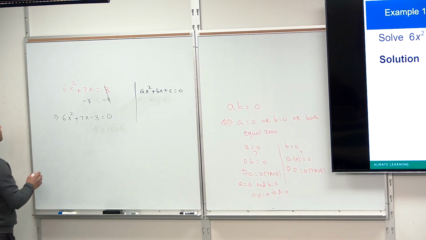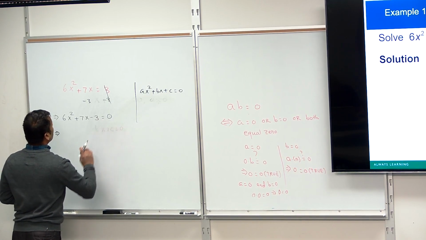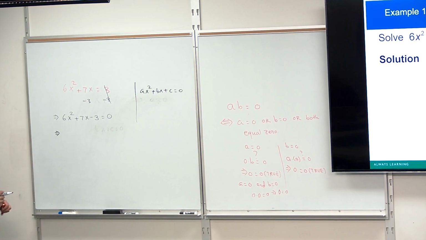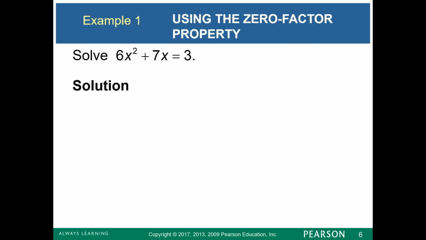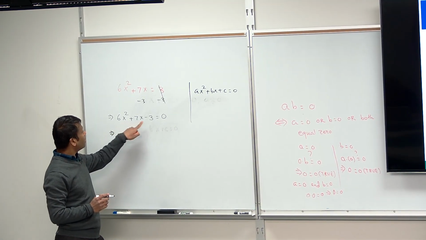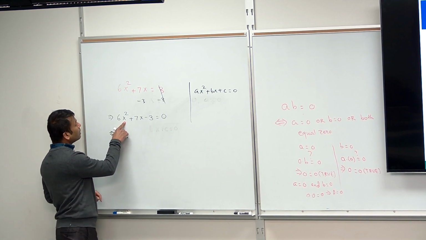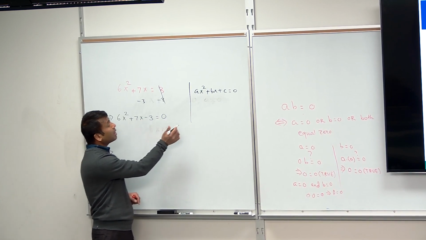And then, if you want to use the zero factor property, you have to multiply the coefficient of x squared with negative 3. This is the coefficient of x squared, and this is the constant term. You have to multiply them. What is 6 times negative 3?